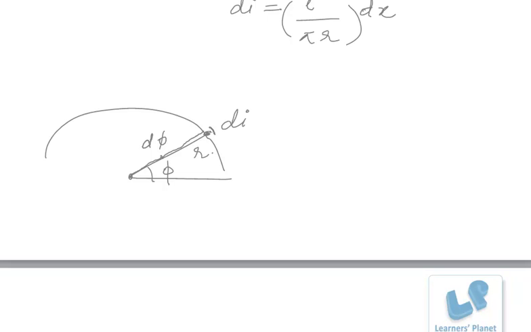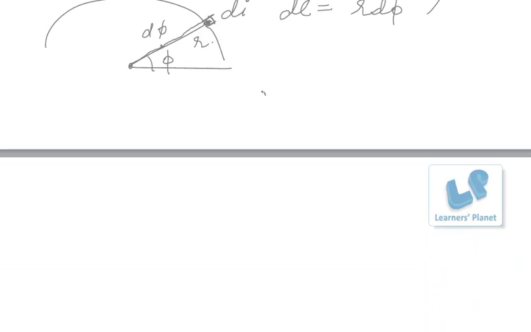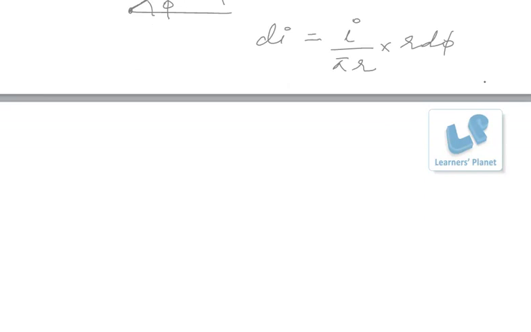So this length dl of the element, dl or dx, can be written as r d phi. If you substitute this value here, the value of current di will become I by pi r into r d phi, which gives di equal to I d phi by pi.